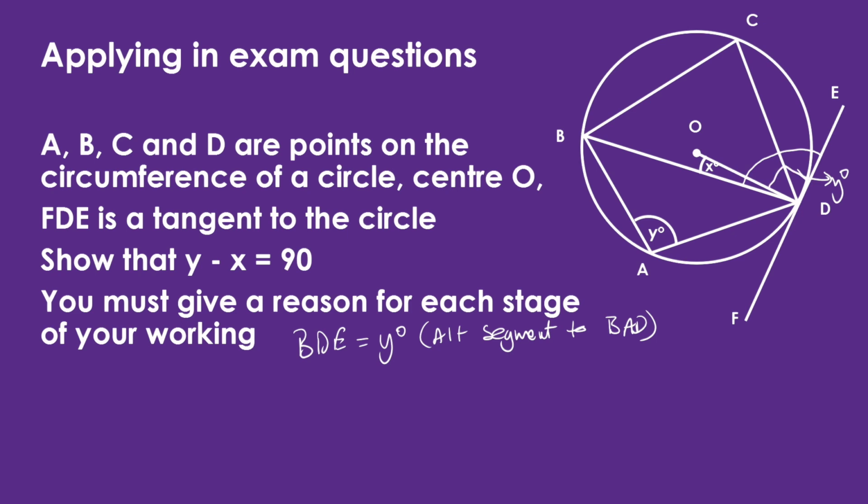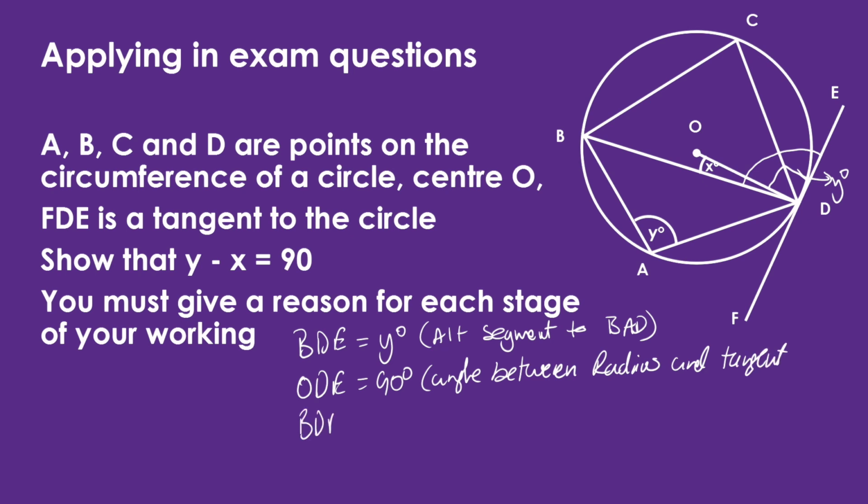We also know that ODE will equal 90 degrees, as it's the angle between the radius and the tangent. If we subtract ODE from BDE, we'll be left with x degrees, so we could say that y take away 90 equals x degrees.